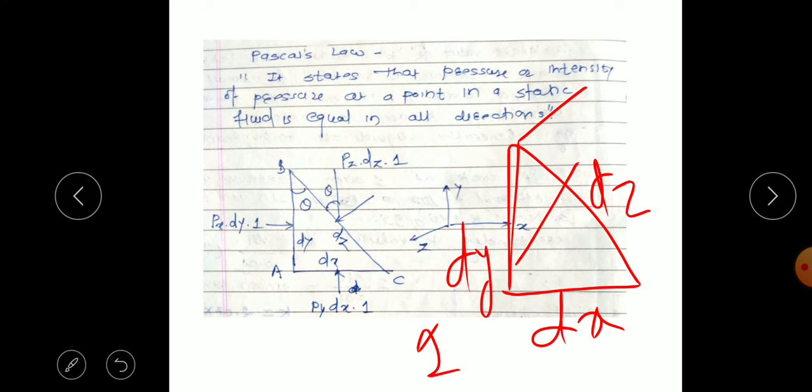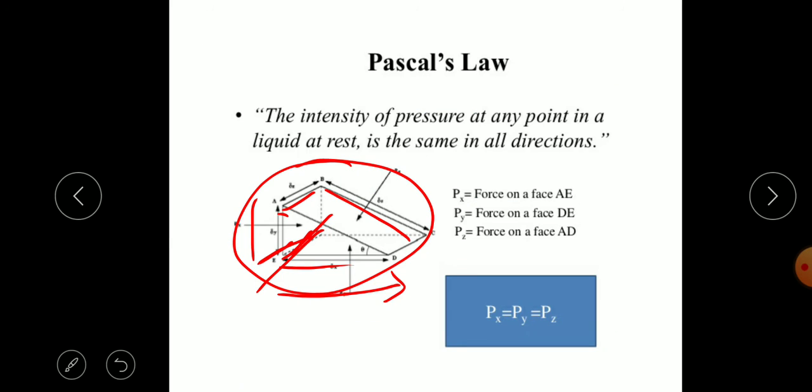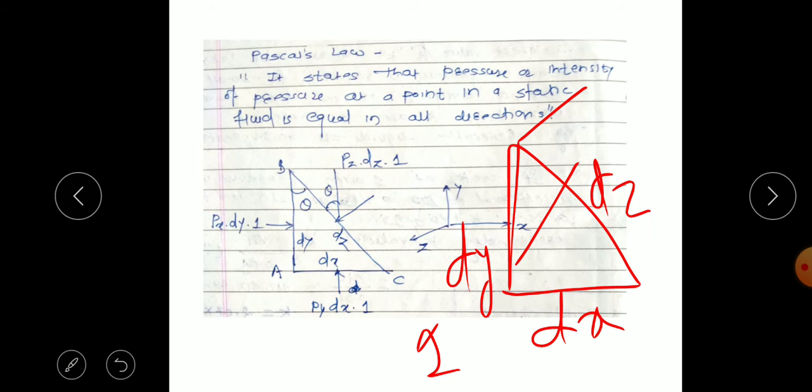So the face area of AB will be dy into 1, since this side is dy and the width is 1. This is a wedge shaped element having dimensions dx, dy, dz.